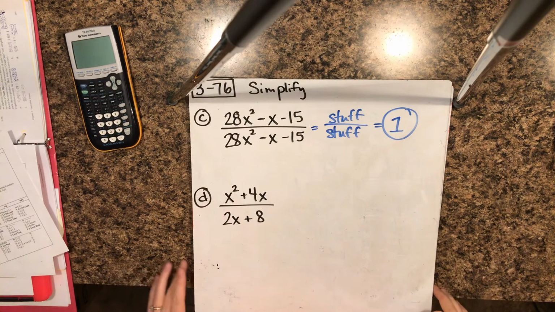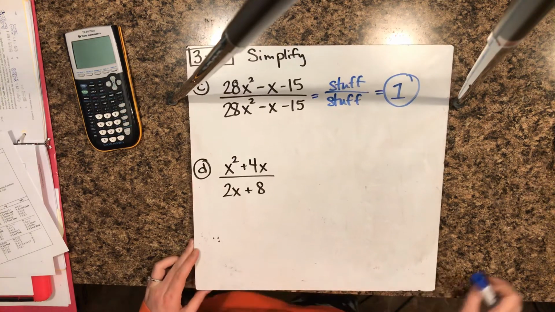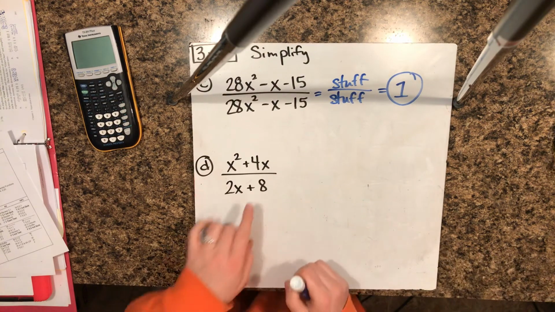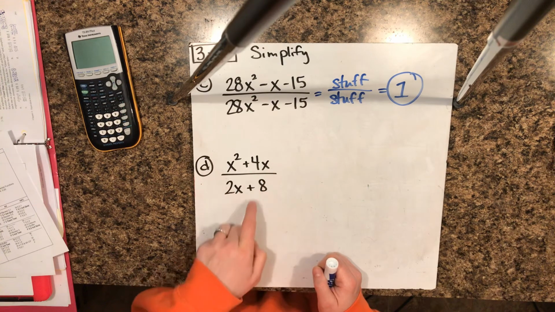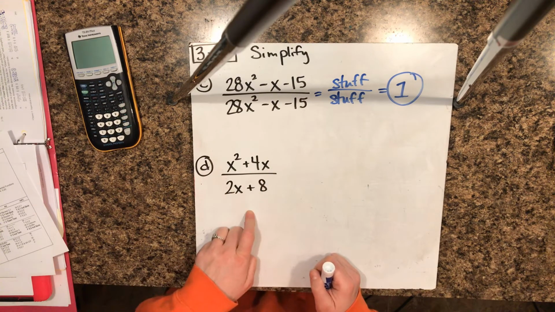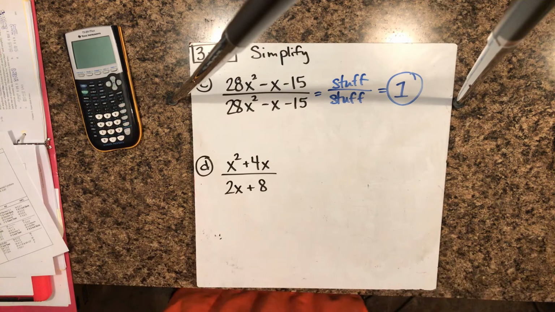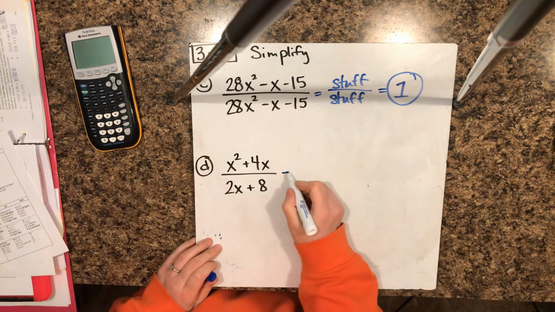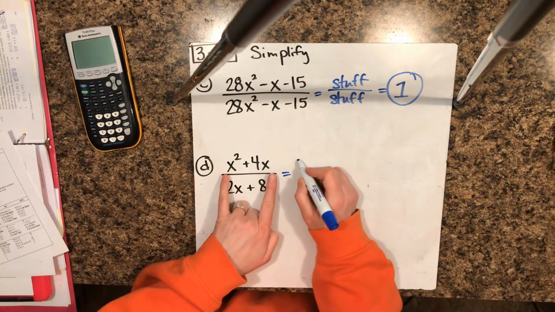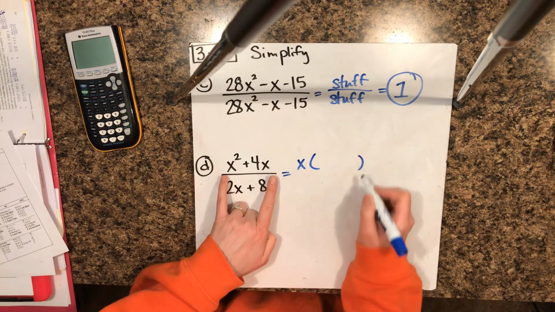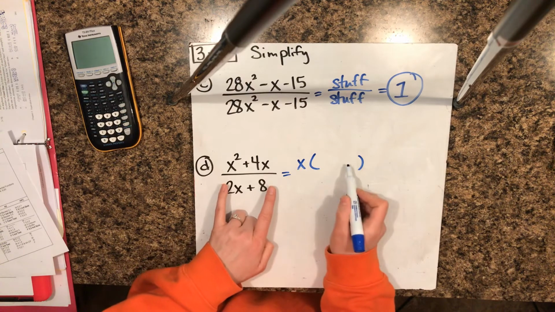Part D might look strange, but actually this one's pretty easy too. There are two terms, but they're not a difference. Neither one of those is a difference of two squares, so I can't use that difference of two squares shortcut. On top though, I can see that both terms have an x in it. Okay? So it's x times something.